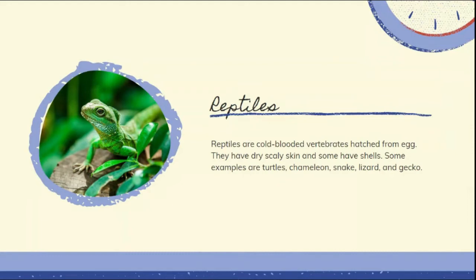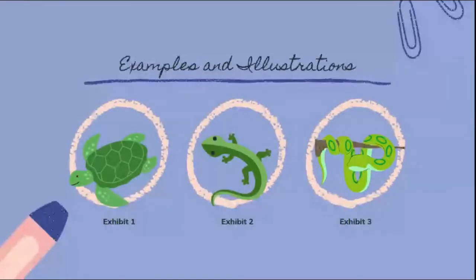A reptile is an air-breathing animal that has scales instead of hair or feathers, and reptiles have lived on Earth for more than 280 million years. Scientists consider them to be the ancestors of birds and mammals. So here are some examples: the turtle, the salamander, and the snake.